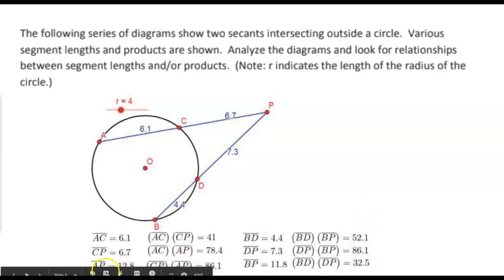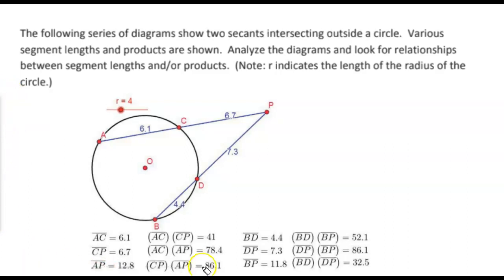And when we're looking at those patterns, I notice that I have an 86.1 here and an 86.1 here as well. That's the only place that I find that they are overlapping, that they're exactly equal.